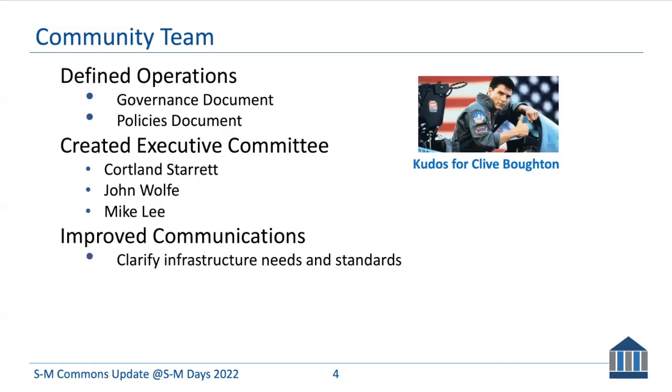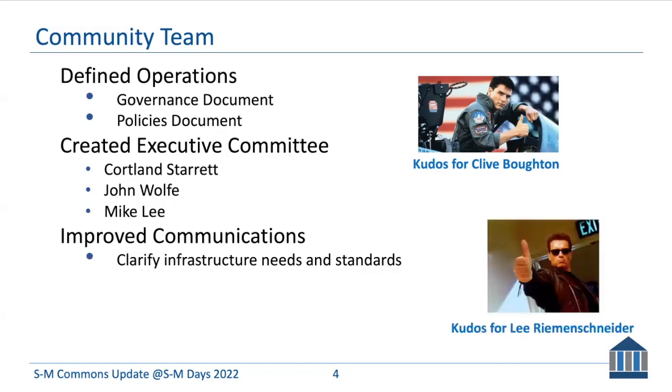Lee Remenschneider played a key role in this effort and provided us with a rich set of tooling to consider. Thumbs up for that work, Lee, and I'm sure you'll be back. And while we didn't make any great leaps forward here, we have clarified our requirements and defined a baseline of communication tools to be used across the entire community.